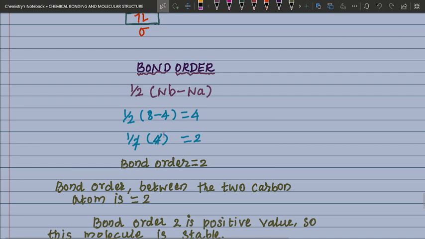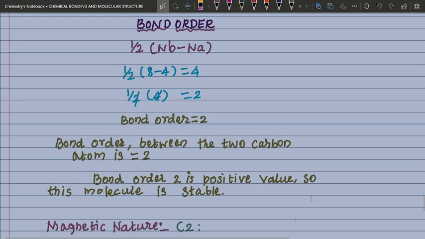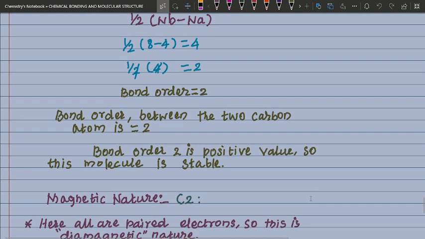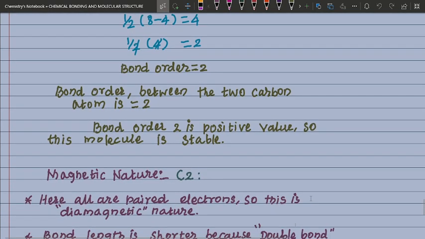So the bond order is 2. The bond order between the 2 carbon atoms is 2. So bond order 2 is a positive value, so this molecule is stable. It means this molecule exists.